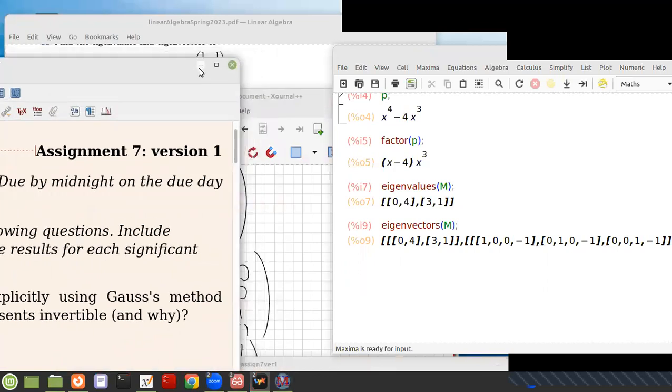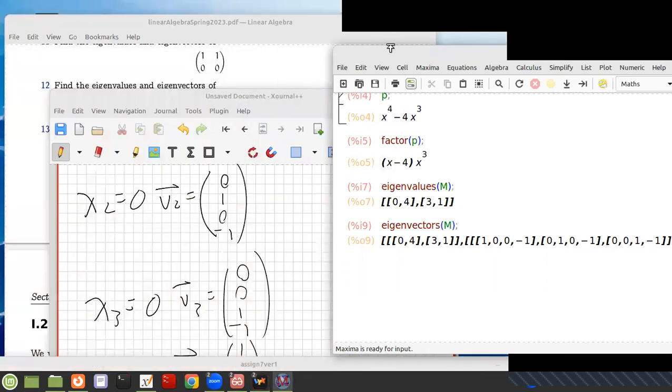This one is the one that you have available on Virtual if you have that. And wxMaxima is free and installable on Windows and Macs. Sometimes people have trouble with that.